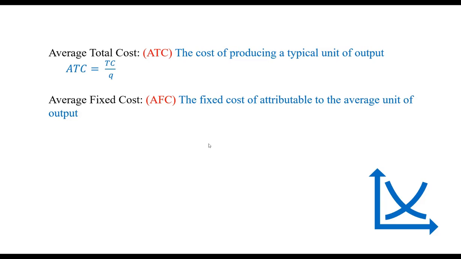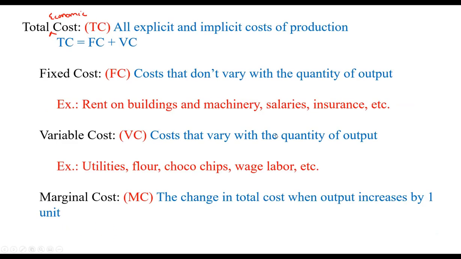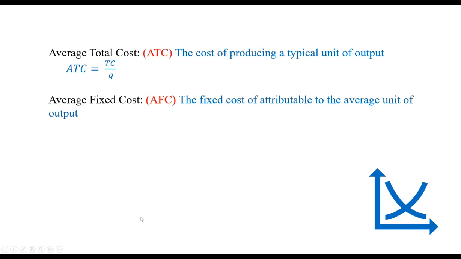As we produce more and more units of the good, those fixed costs are able to be spread over more units, and so the average fixed cost will go down. For average fixed costs, we take the fixed costs and divide by the number of units. Notice, for our marginal cost, we had delta over delta. For our averages, we just have total over quantity.